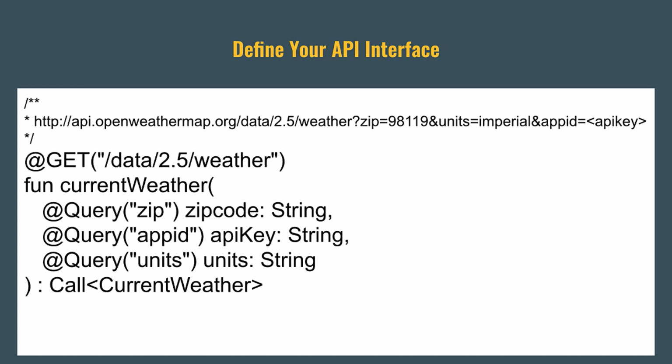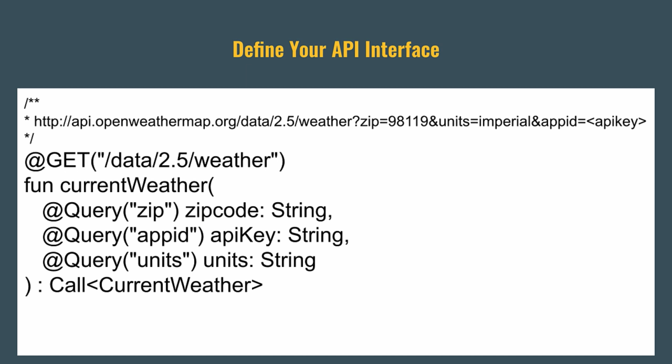Each of the Query param annotations here signifies a different query parameter in the request. All of these query properties here, the zip code, the API key, and the units, will eventually get appended to the path specified in the GET annotation so that it matches the path in the comment at the top of the file here.